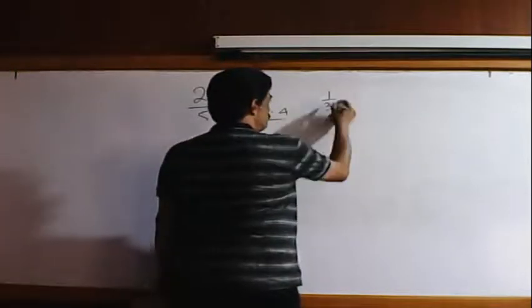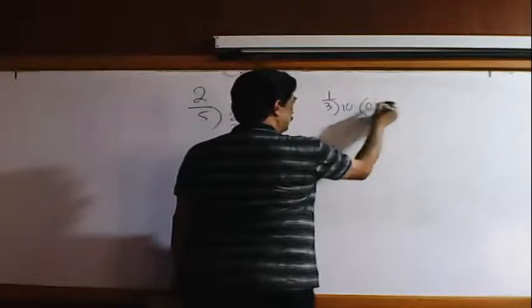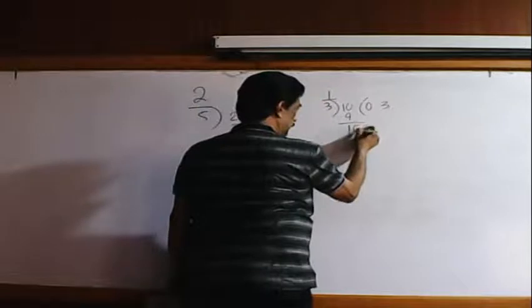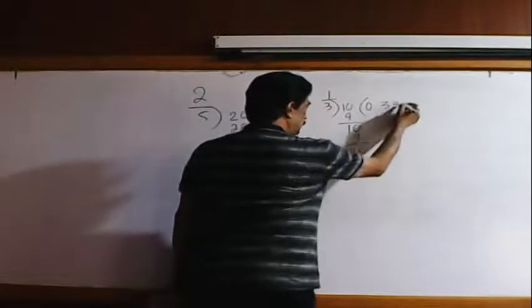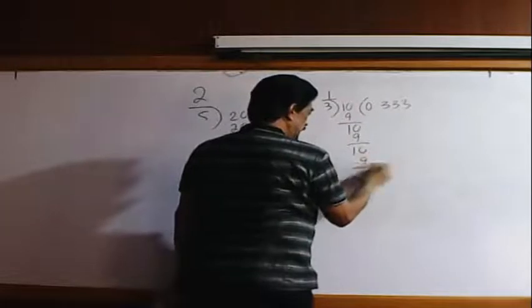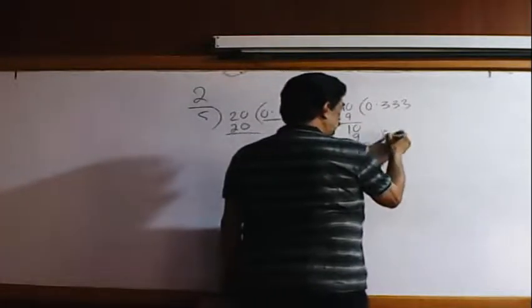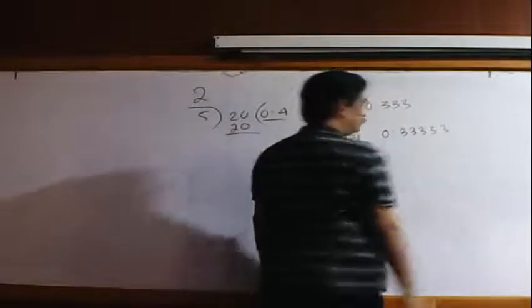If I say 1 by 3, same way, 0.10. I can add 3 3 is 9. Again 1, decimal 0. Again 3 3 is 9. 1, decimal 0. Again 3 3 is 9, and so on. So your result is 0.33333 and so on.